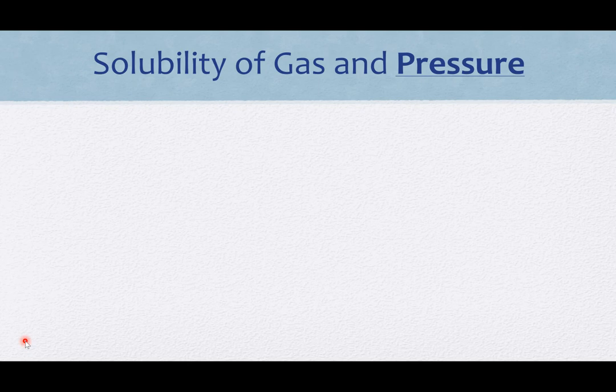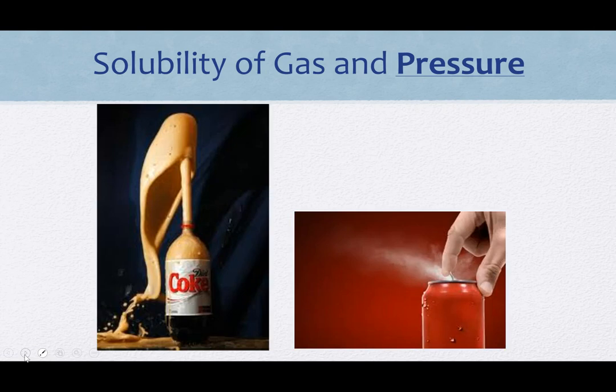When I open that can or I open that bottle, what happens is the pressure dramatically decreases. So instead of being high pressure, it all of a sudden becomes low pressure. So opening the bottle, opening the can lowers the pressure. Well, what happens to the gas that's dissolved? The gas comes crashing out of solution.